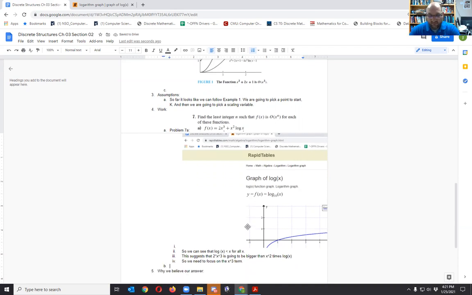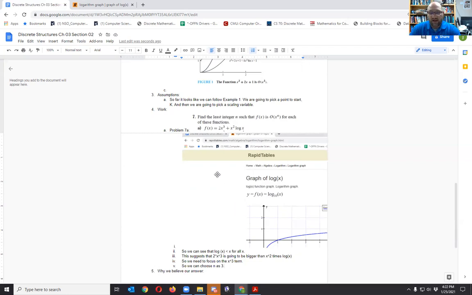Okay, so they're just looking for the big-O of n. So we can choose n as 3. Basically, what we're saying is the x cubed term is going to be dominant in this case, and I think that's going to be true after 1.